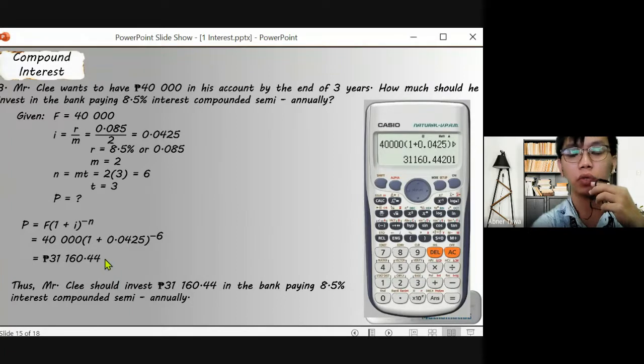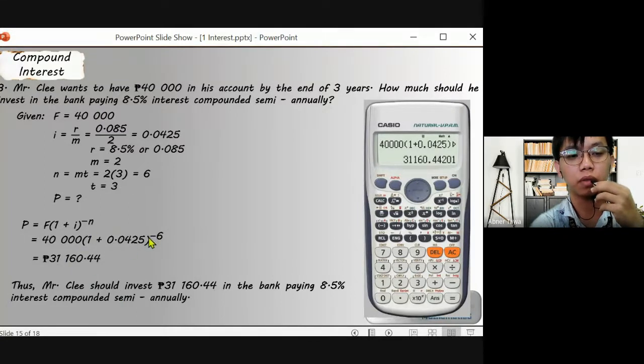31,160.44. So we're going to write our answer out to two decimal places. So i-round natin yan. So I hope na alam nyo kung paano mag-round ng decimal places, kung kailan tayo mag-i-increase ng 1 or kung kailan tayo mag-steady. Okay, so the value of P, or the amount that should be invested by Mr. Klee to have 40,000 will be 31,160.44 pesos.